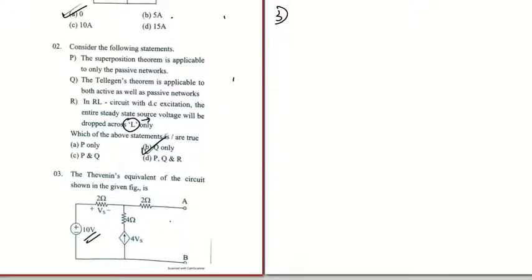For finding out RTH, what you have to do is short circuit this particular voltage source, that is our 10 volt source should be short circuited.